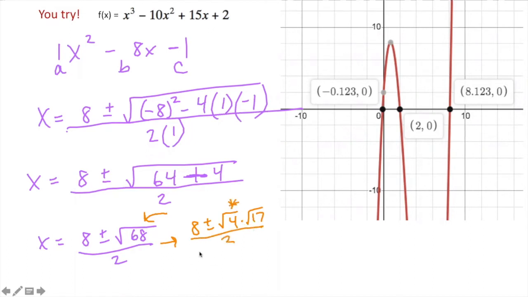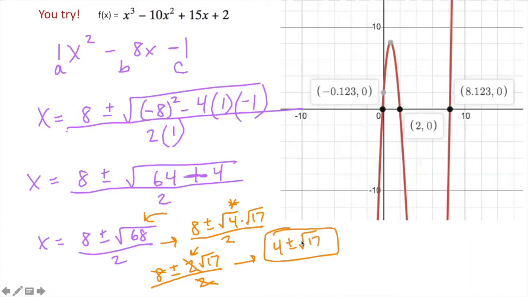So now I'm going to do another rewrite. I have 8 plus or minus. The square root of 4 is an exact 2. The square root of 17 doesn't break down. And then I have all of that over 2. So now, finally, we're going to divide out this 2 in the denominator. 2 goes into 8 4 times. 2 goes into 2 exactly once, so we're left with the root 17.